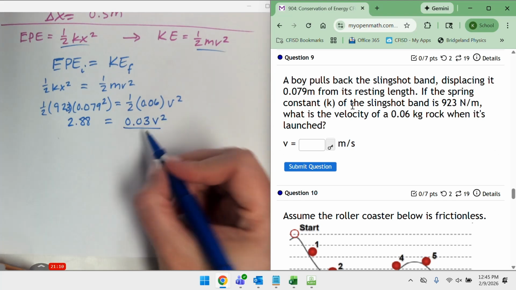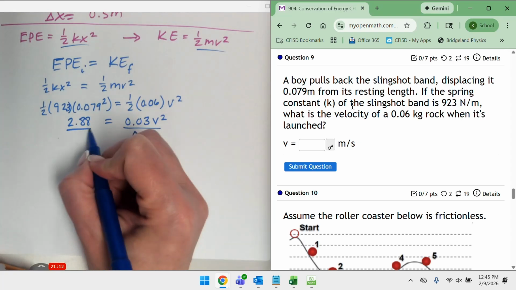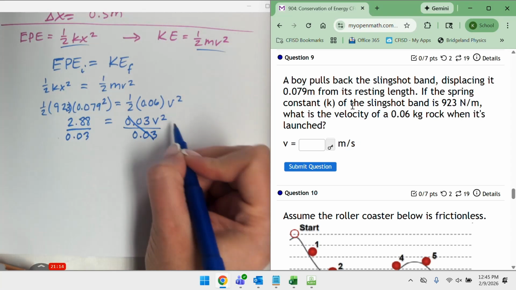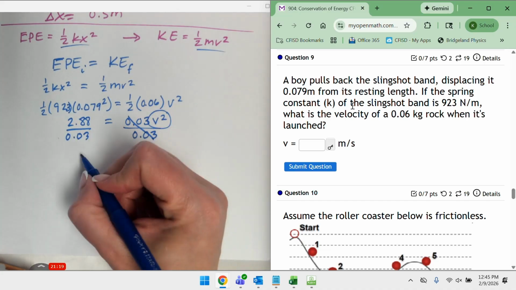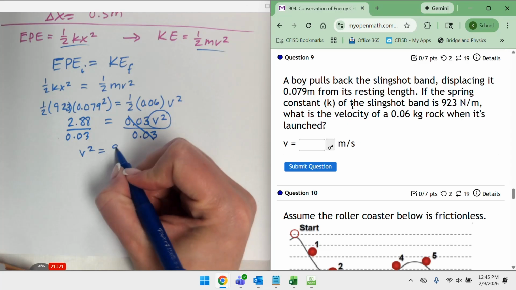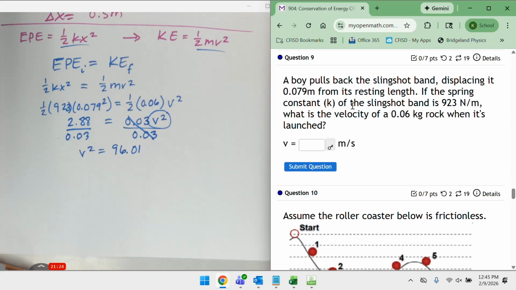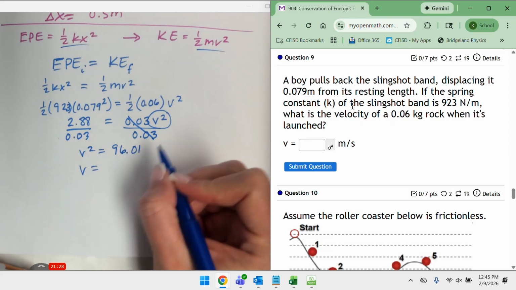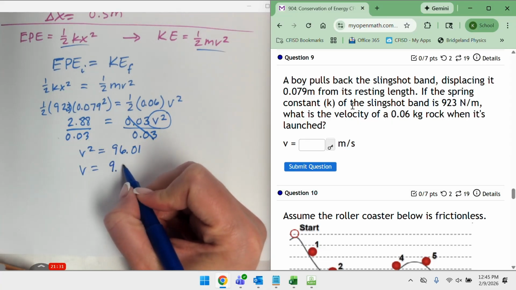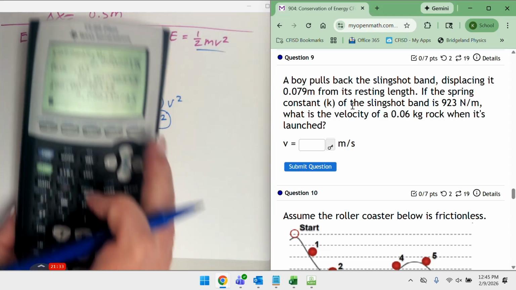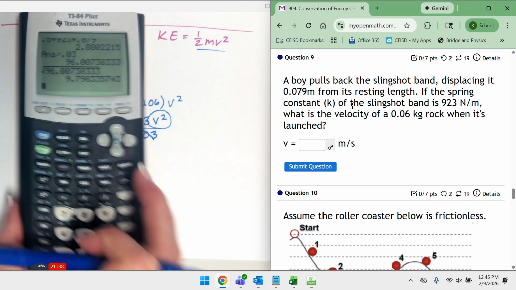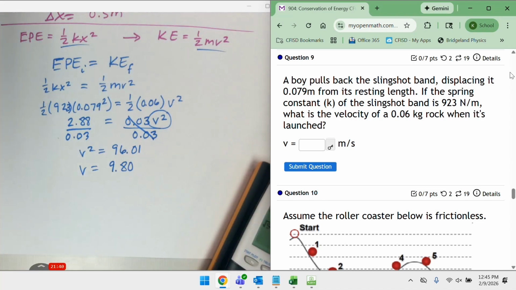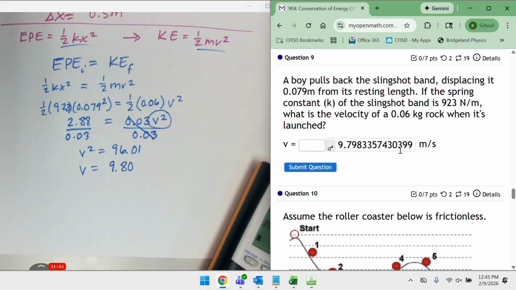And then we're going to divide both sides by 0.03 to get v squared equals 96.01, and then take the square root to get v is 9.80. It's actually 9.798, but when that rounds, that rounds to 80 meters per second. There you go.